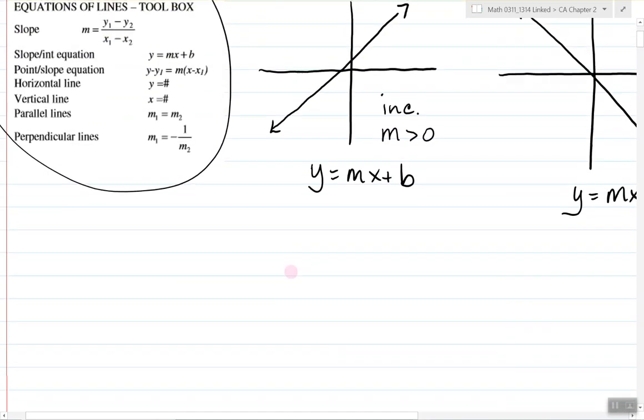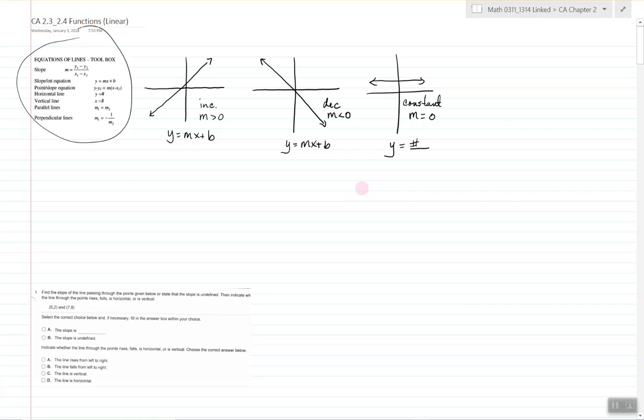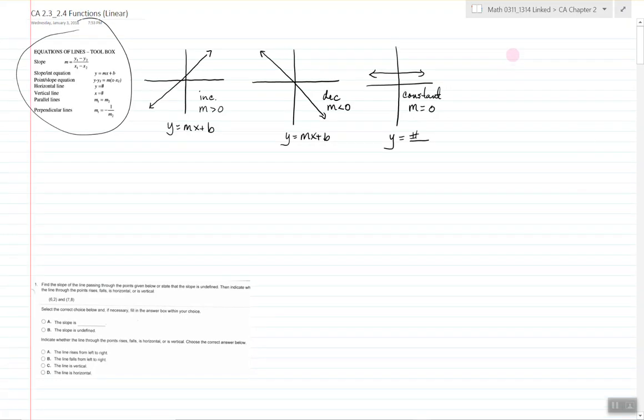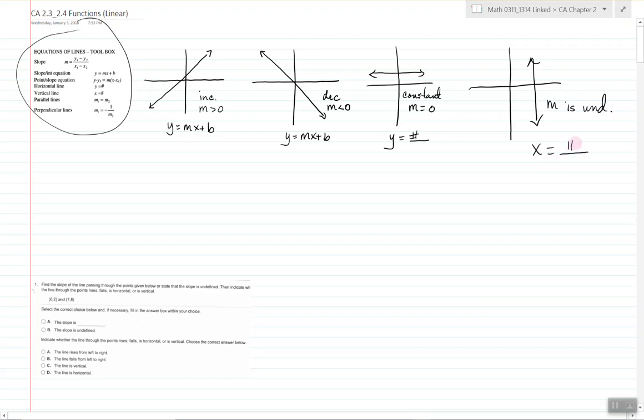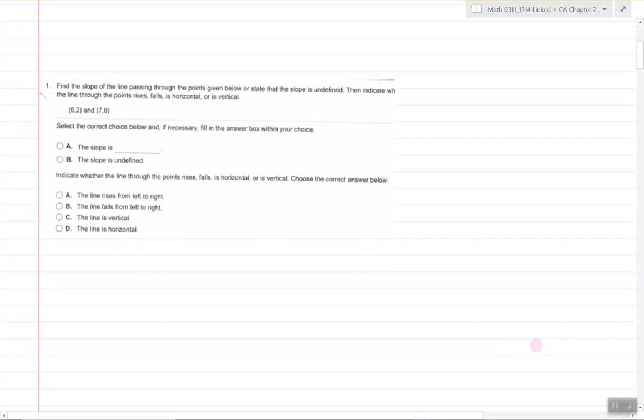Now, seeing that, I think I will go back and add that if you have a vertical line, m is undefined, and it is of the form x equals some number. It's not a function, but it is a line. All right, so now back to our question.